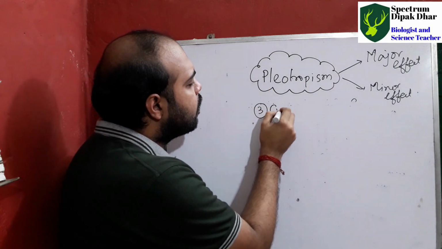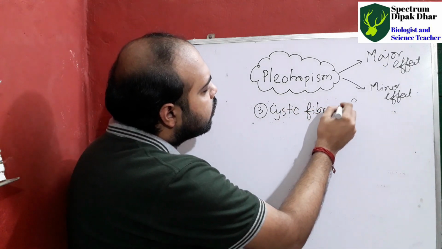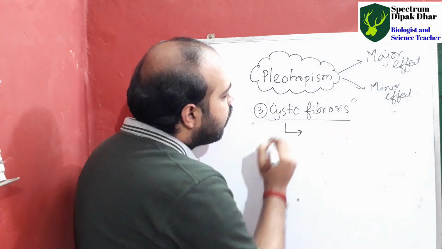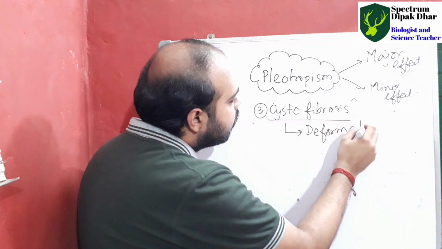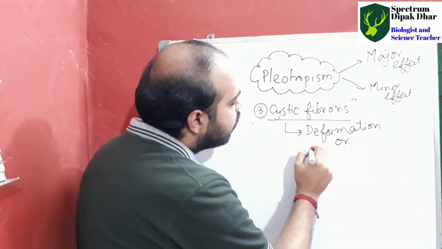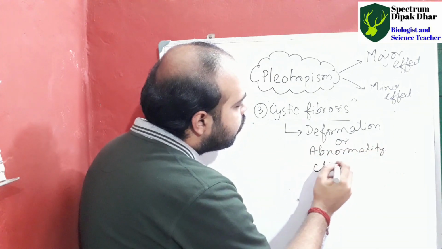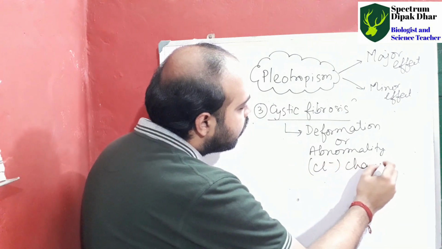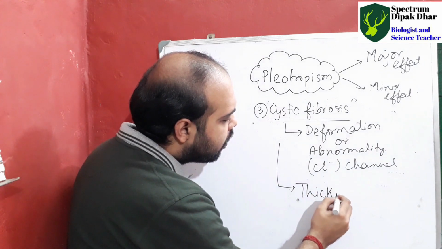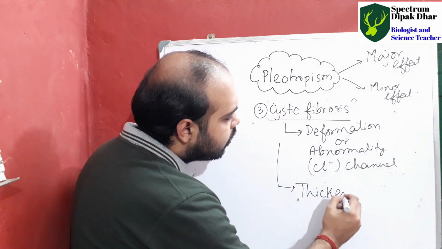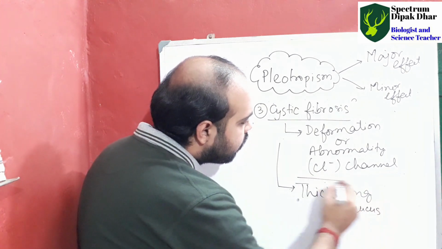Third example is cystic fibrosis, and it involves a deformation or abnormality in the chloride channel, and results in the thickening of mucus.